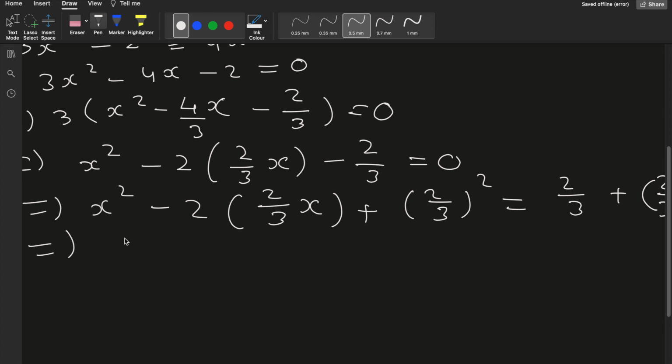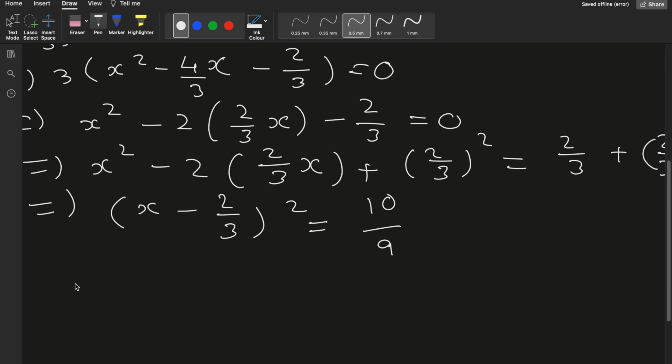This implies that (x minus 2 divided by 3) whole squared would equal 10 by 9. And now let's take the square root of both sides. x minus 2 divided by 3 equals plus or minus square root of 10 divided by 9.